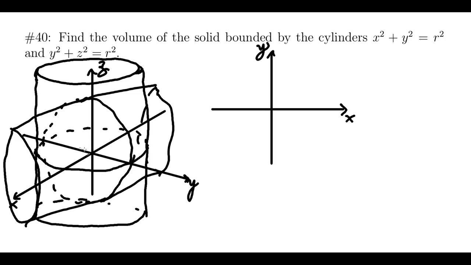Z can be thought of as a function of y and x on the upper surface and also on the lower surface. And this is all constrained to be within the vertical cylinder, the one centered on the z-axis. Now, the vertical cylinder is the one whose footprint in the xy plane is the circle of radius r.